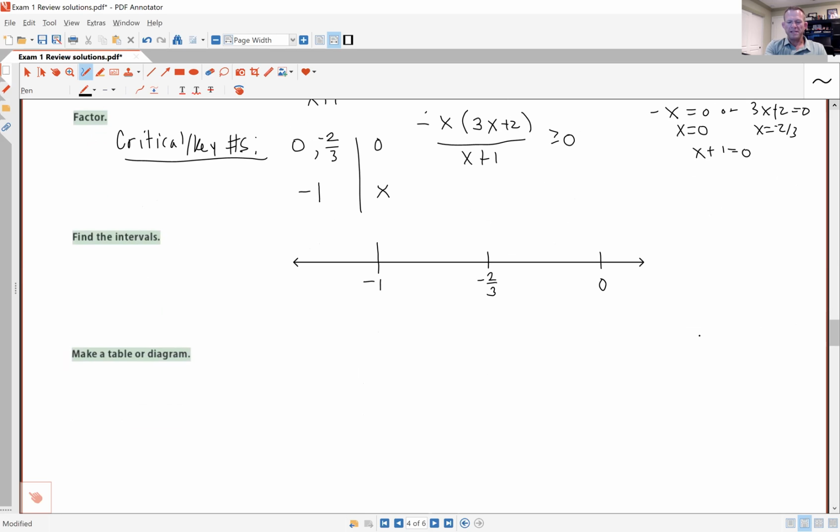So now we need to label our intervals: from negative infinity to negative 1, from negative 1 to negative 2/3, negative 2/3 to 0, and 0 to infinity. And now we choose test points.